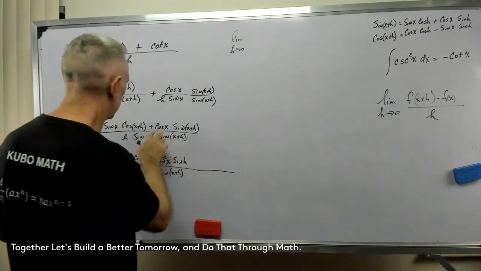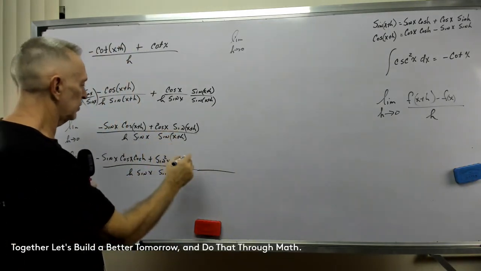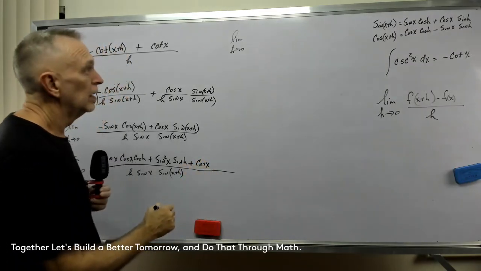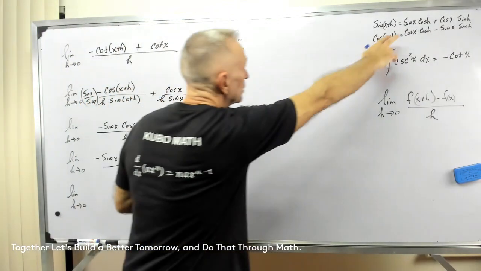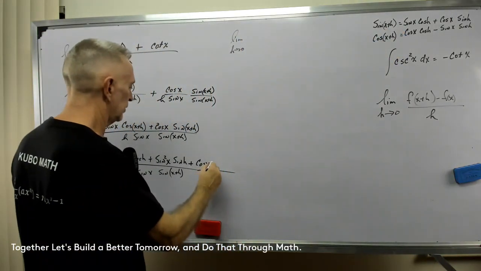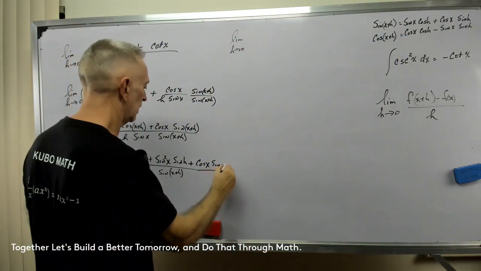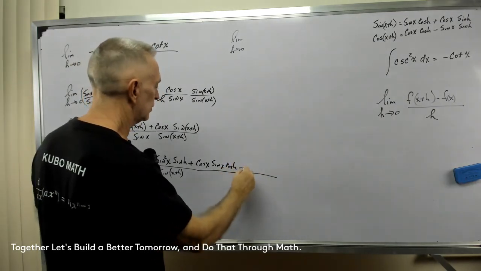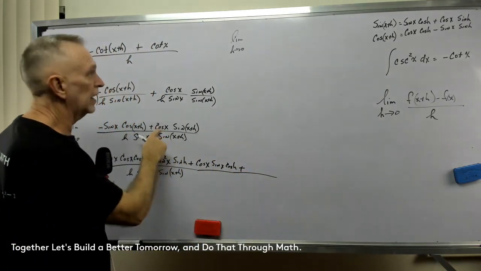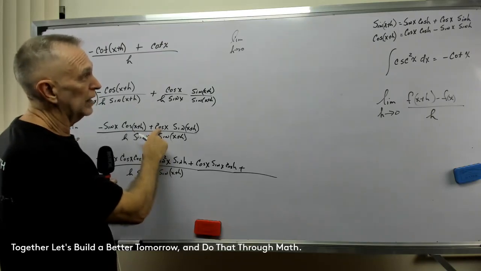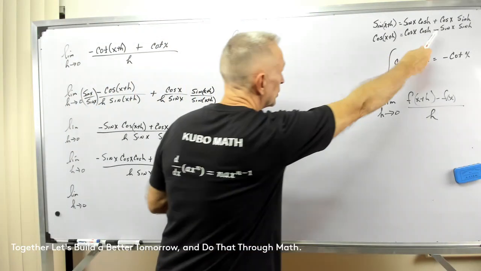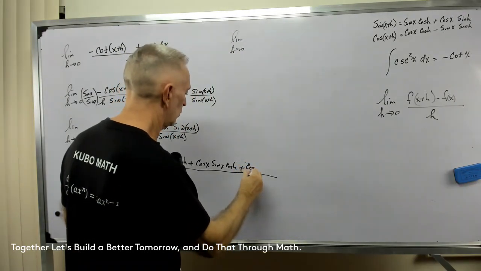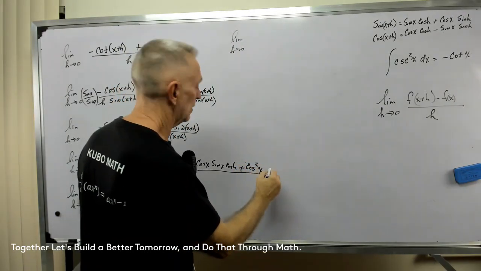Now let's deal with the sine x plus h. I have plus cosine x times sine x cosine h, plus cosine x times this cosine x, which gives me cosine squared x times sine h.